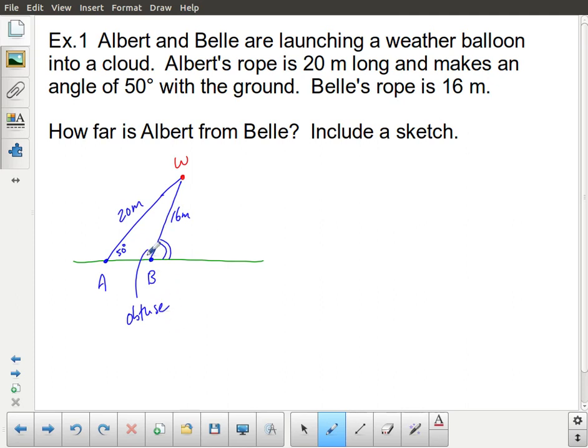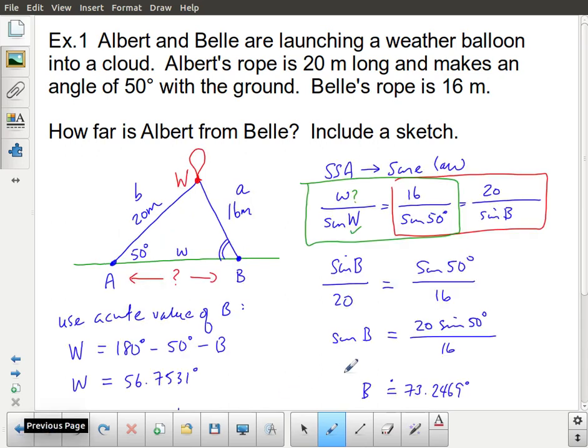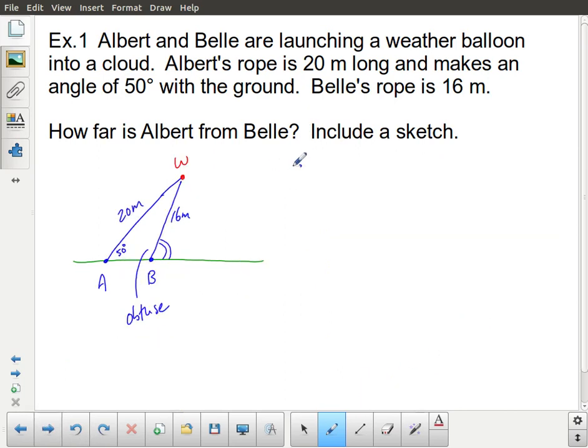And so for this obtuse angle, if we go back, we ended up with sine B equals 20 sine 50 over 16. Sine B equals 20 sine 16 degrees over, no, I did that wrong. It's not sine 16 degrees. It must be sine 50 degrees.